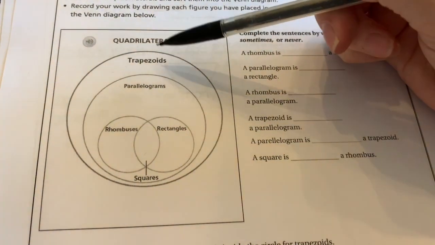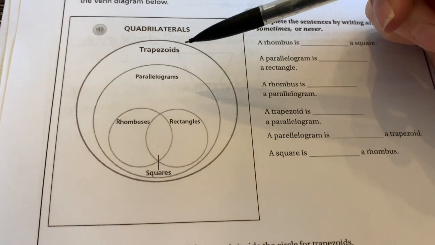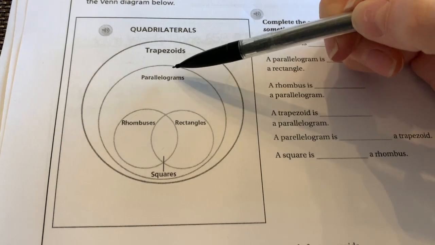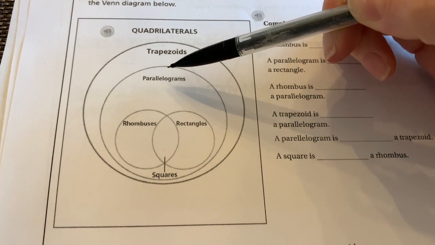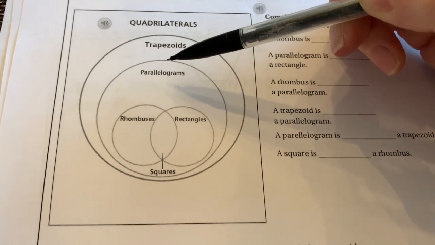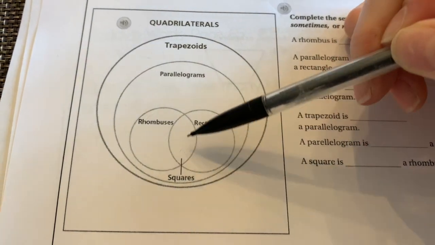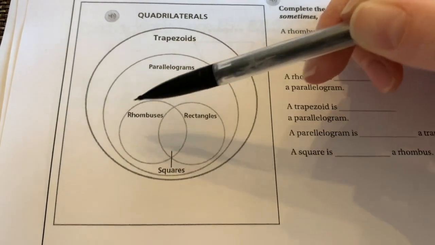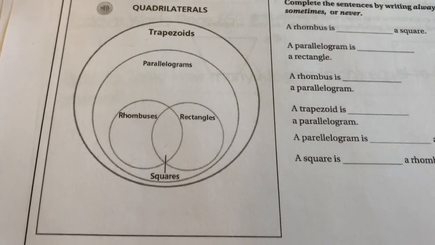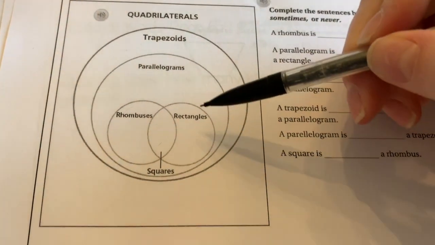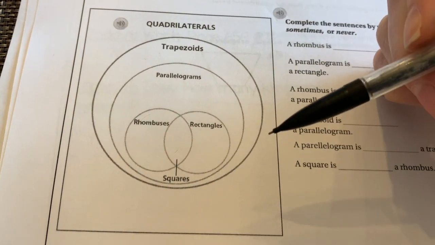Within the quadrilaterals, we have trapezoids, which just means at least one pair of sides is parallel. Then you have parallelograms, which are always trapezoids, but parallelograms have both opposite sides parallel and opposite sides equal. Then it breaks up into rhombuses and rectangles. The rhombuses have all the sides equal, and the rectangles don't have the sides equal, but they have 4 equal right angles.